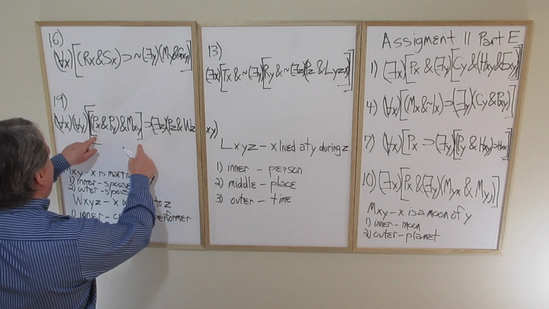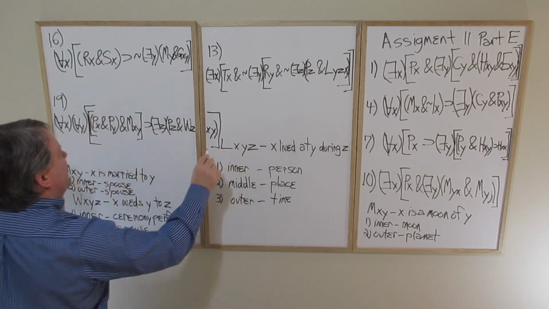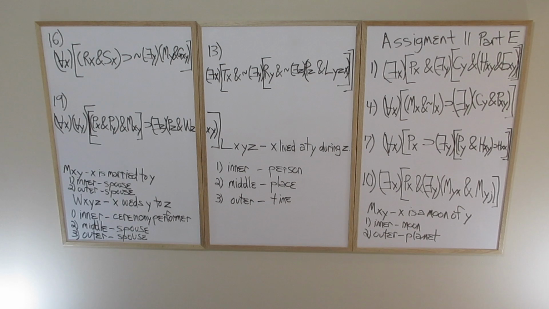These two square brackets are closed, but we do need one more square bracket. So that gives us all x and all y are such that if x is a person and y is a person, and x is married to y, then there's at least one z such that z is a person and z wed x to y.